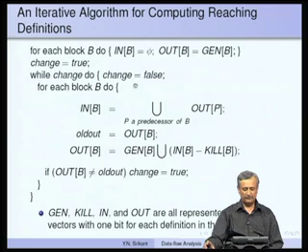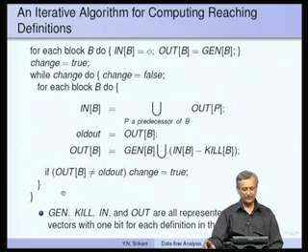So, first set change equal to false, then compute the two equations for in B and out B. If the old value of out is not the same as the new value of out, then change is set to true. So, we have to iterate once more. Once out B equals old out, change stays false, so we do not set change to true and then we come out.